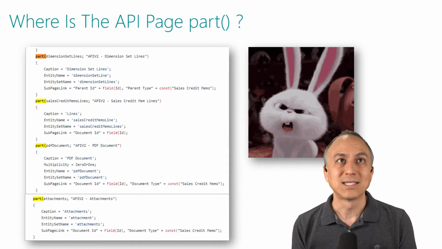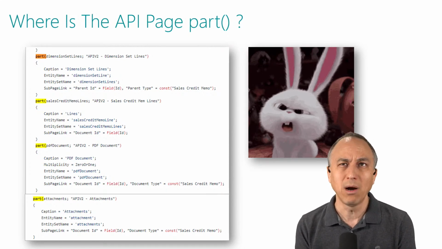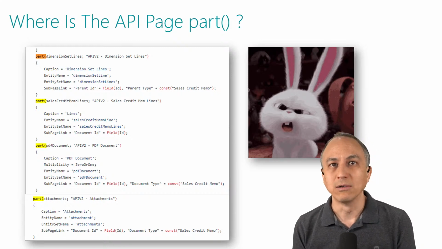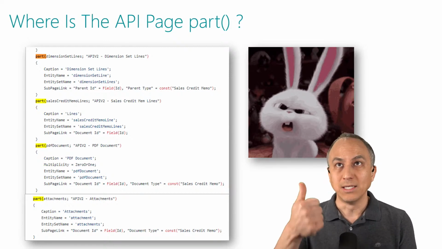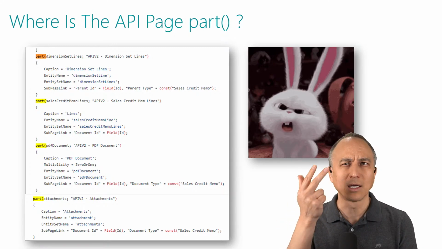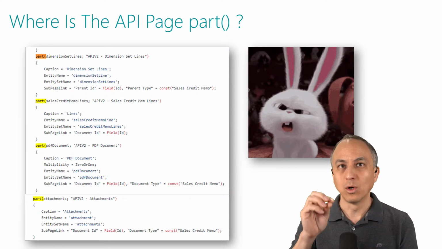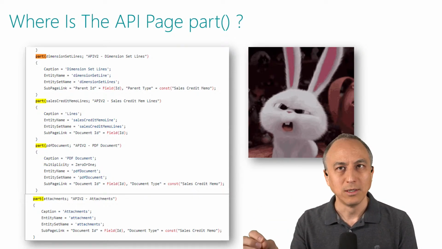So I searched on that same sales credit memo page for different parts. I only found 4: dimension set lines, sales credit memo lines, PDF document, and attachments. There is no part for country region.